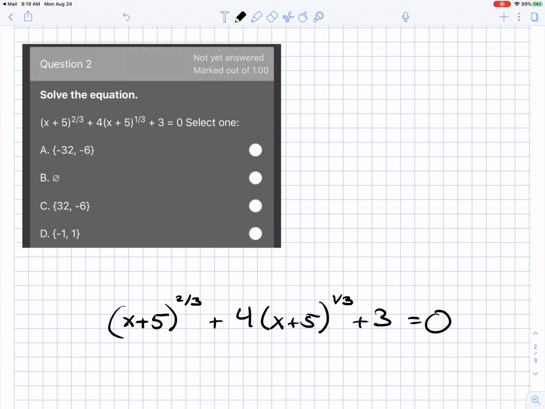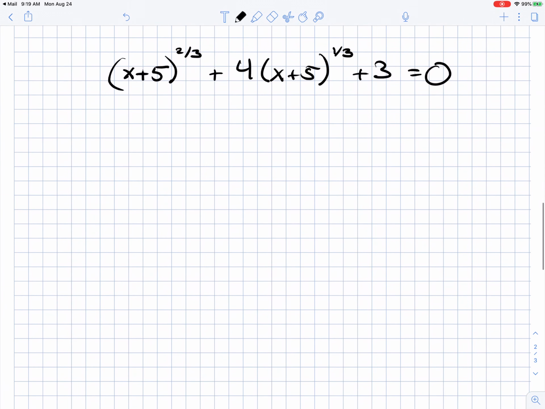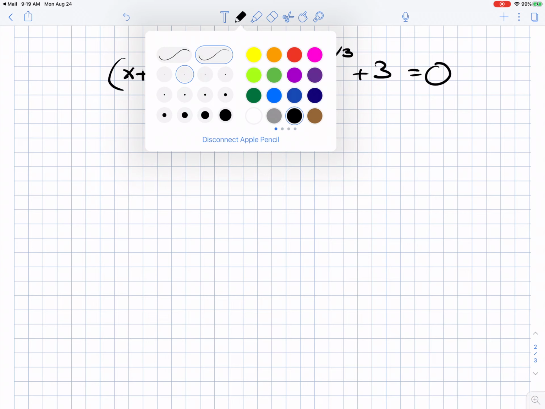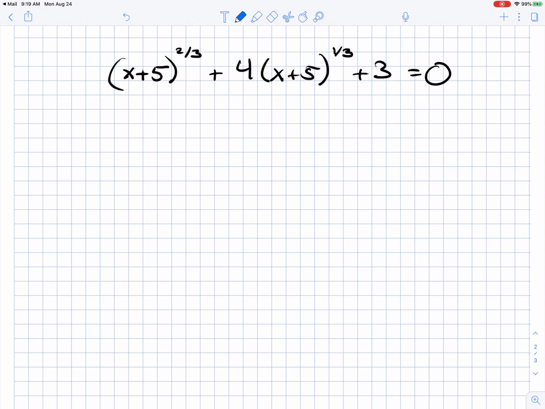Okay? So this actually is an equation quadratic in form. This is actually a quadratic equation, but we have to use a technique I like to call U substitution to put this into the proper form.